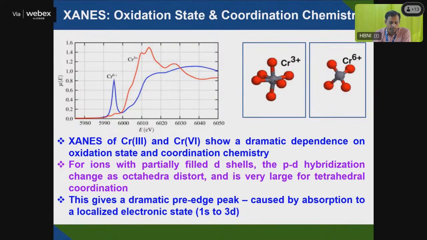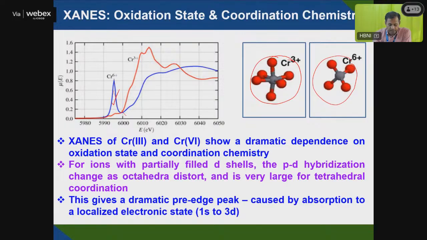For example, I have shown here chromium plus 6 and chromium plus 3. You can see one is tetrahedral and the other octahedral coordination, and there is a difference because of that. In octahedral chromium plus 3 versus tetrahedral chromium plus 6, you can see there is an additional sharp near edge peak in chromium plus 6 that is absent in chromium plus 3. So the richness of chromium spectra shows a dramatic dependence on the oxidation state and coordination chemistry.